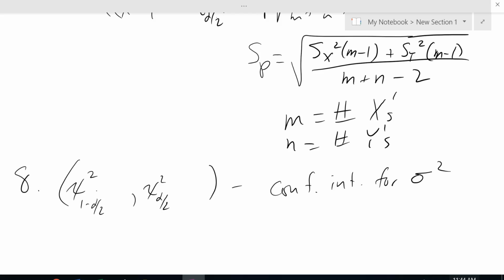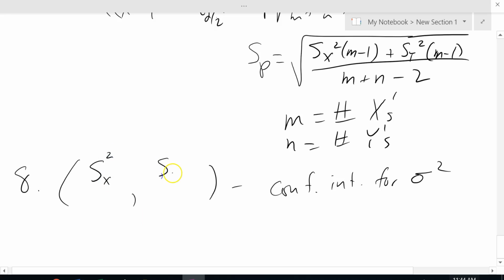So let's do this again. Get rid of these. All right, let's try this again. You're going to use your sample variance definitely. Oh, I know why.